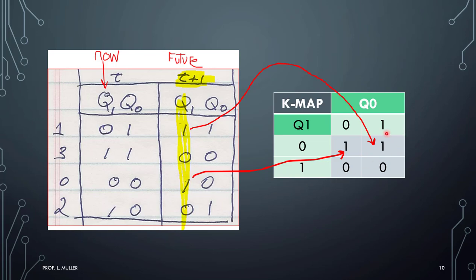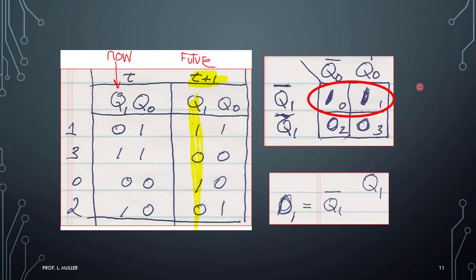So I can now simplify this K-map by saying, I want this to be a 1 when Q1 is a 0, and that's all I need. So I circle them both. Q1 is a 0. So that would be my D1.